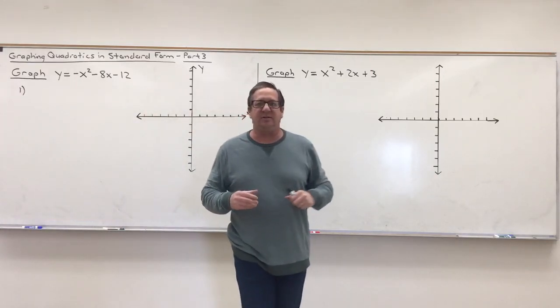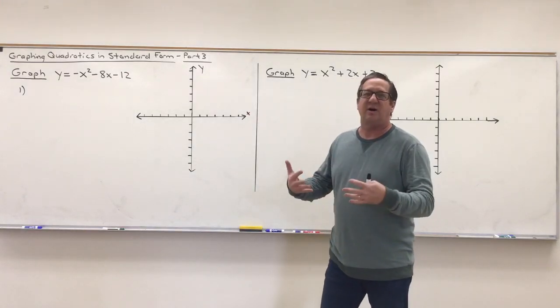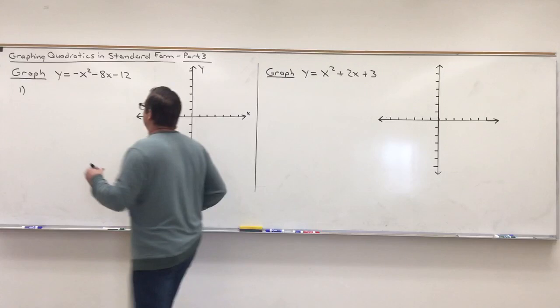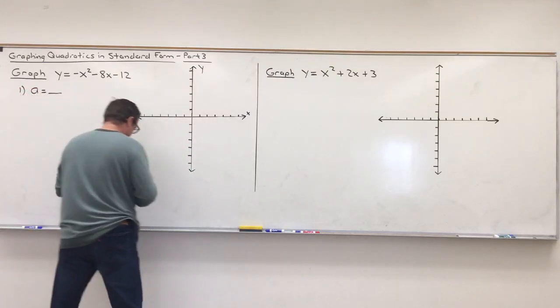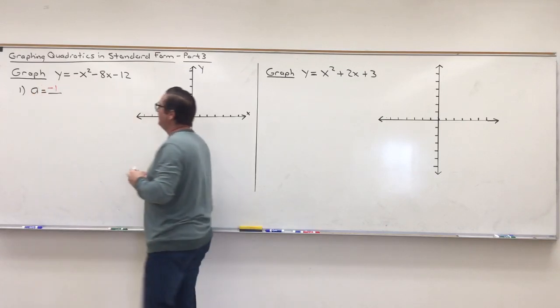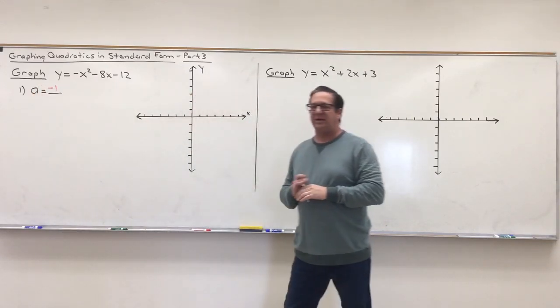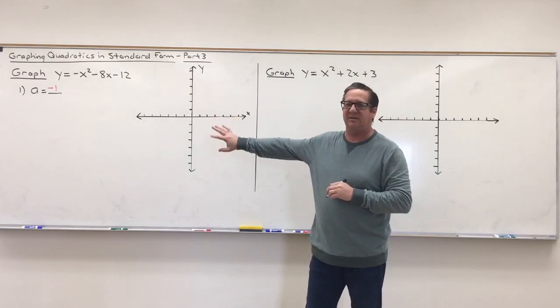Step 1, I want you to go ahead and list A, B, and C, just like we've done so often over the last few months. But notice this time A is -1. I'm going to highlight that fact because it's going to come into play quite a bit in this problem.